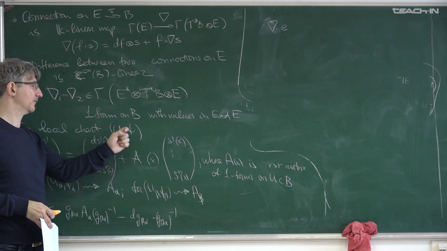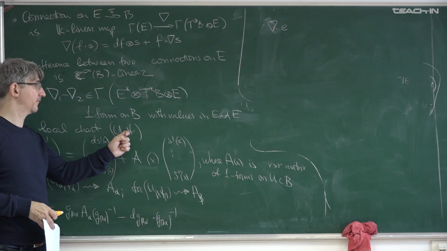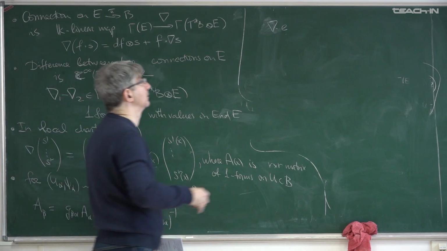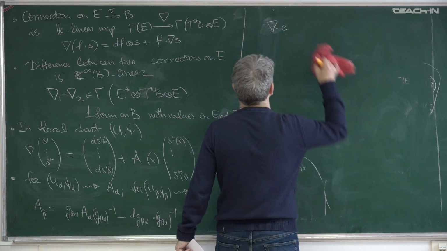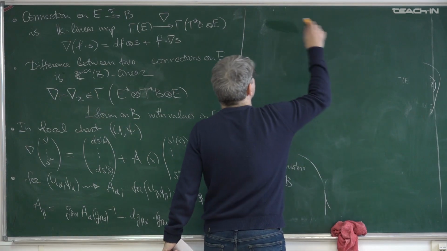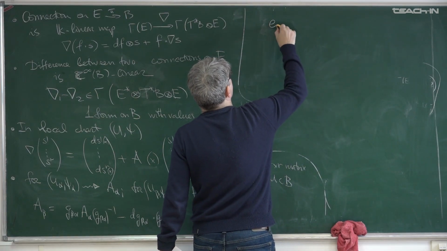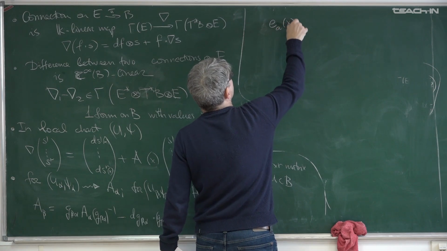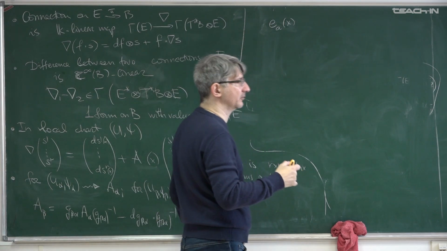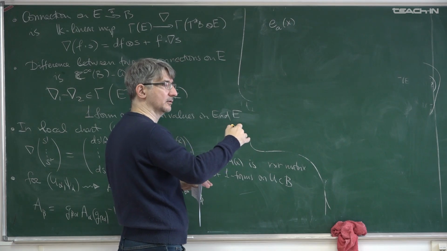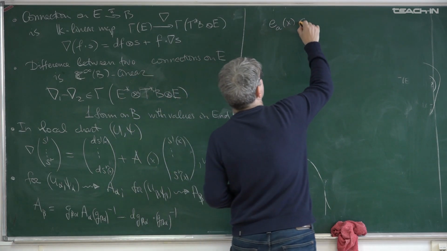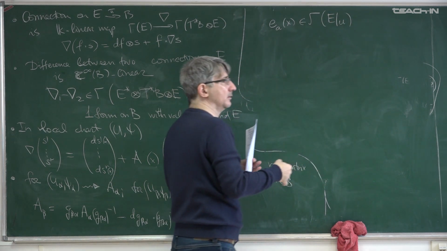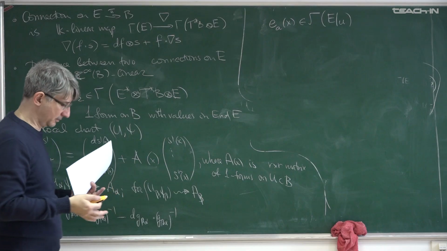That means that you have a frame. What is a frame? Let me try to write a formula for a frame. What is it? E_A of X. So this is a section of E over U.